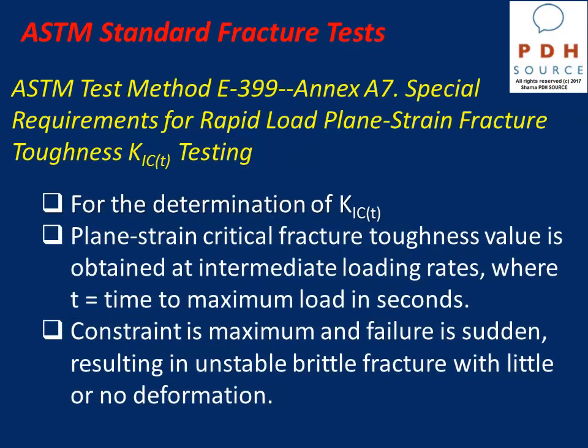The second test is basically ASTM method E-399 Annex A7, special requirements for rapid load plane strain fracture toughness, K1C of T testing. And T here is basically representing intermediate loading rates.